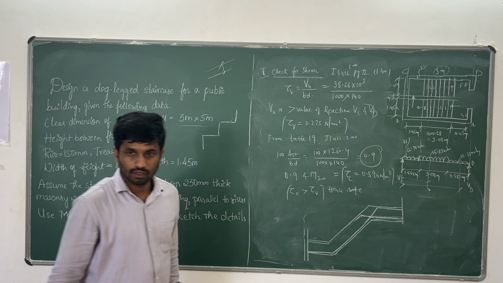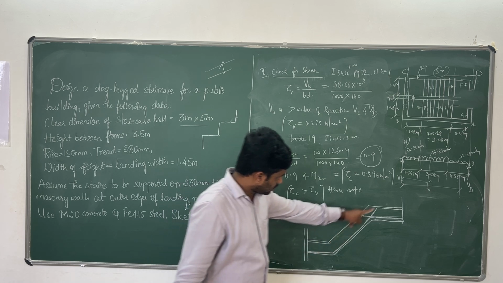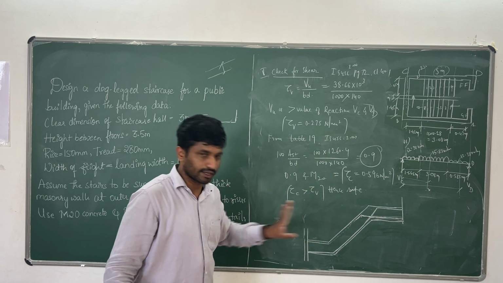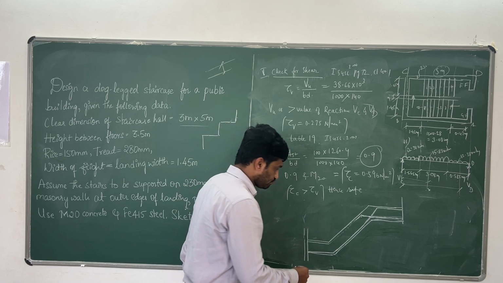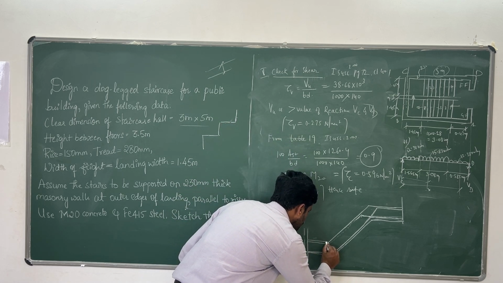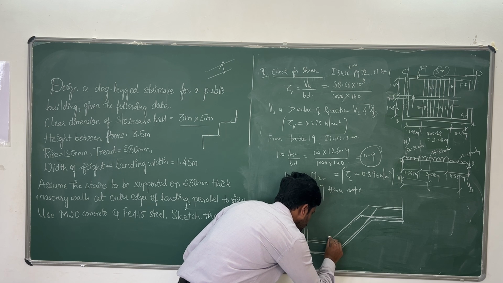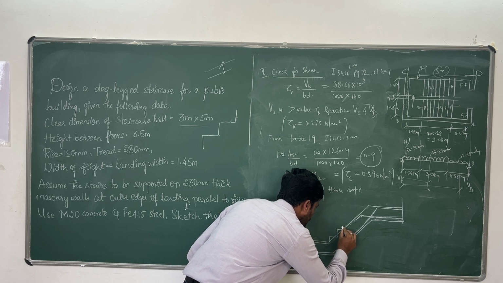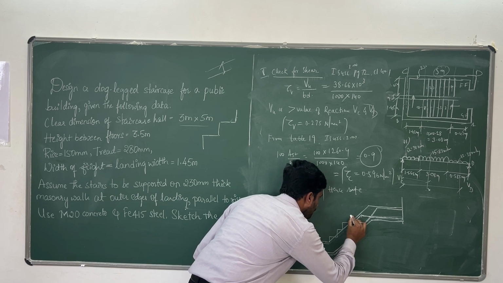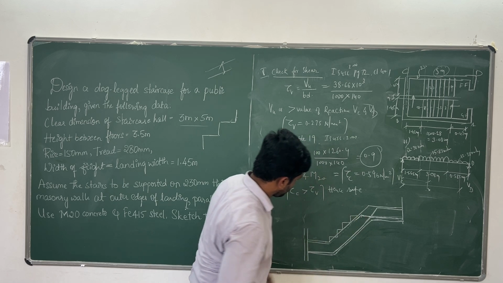Okay. First reinforcement like this, next like this. Clear? Then like this. This is the stake.